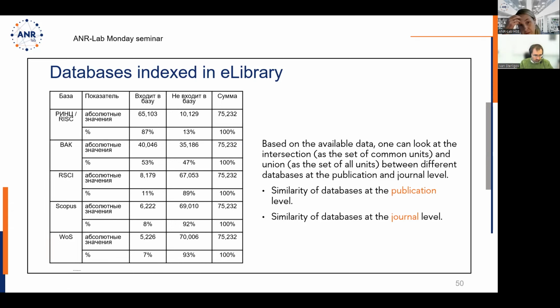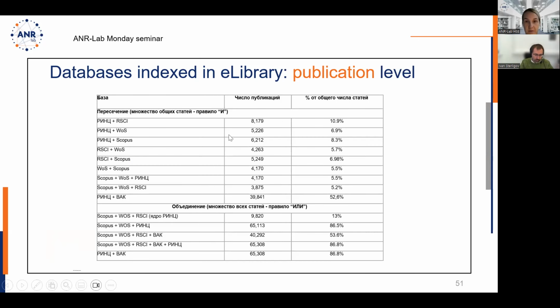We can look at the intersection and union of these different databases. And we looked at the level of publications and the level of journals. Looking at the level of publications, we just used the intersection between databases.